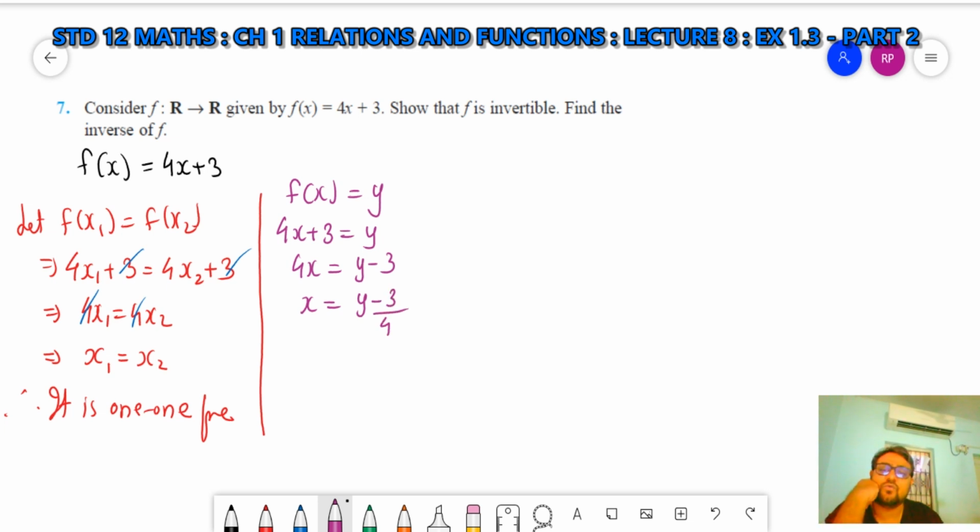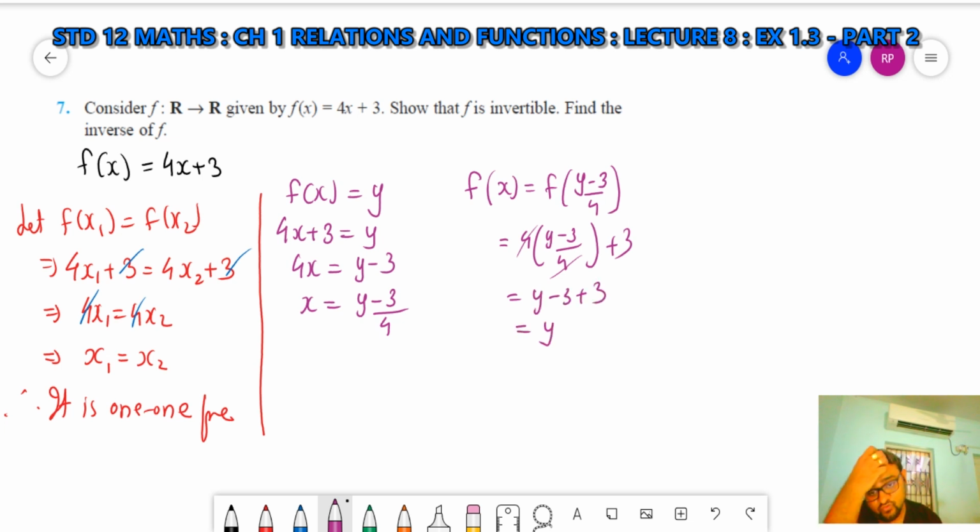Now I will take f(x), that is f of what is x? y minus 3 by 4. So 4x plus 3 is 4 into y minus 3 by 4 plus 3. The 4 gets cancelled. y minus 3 plus 3 is equal to y.